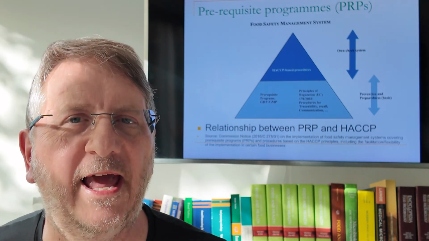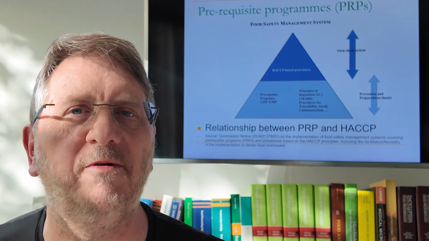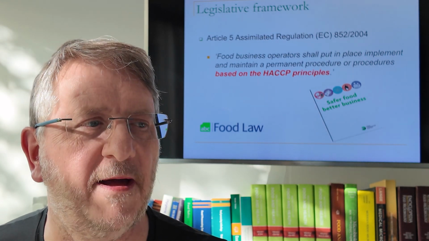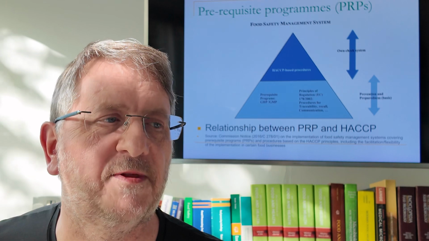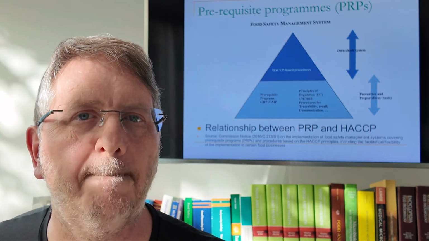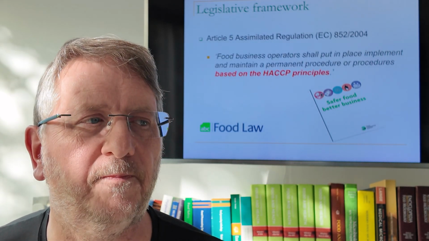The design layout of establishment is a prerequisite. In other words, you put all these basic hygiene requirements in place, and then you build your HACCP management system on top of that. So the HACCP in this particular diagram, you can see behind me, like the classical pyramid, you build your management system on top of your hygiene procedures.